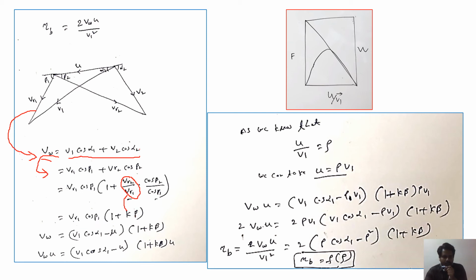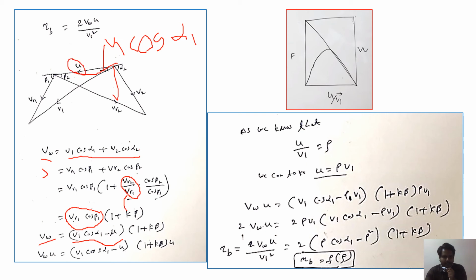Now, Vw equals V1 cos alpha 1 minus u cos alpha. The term VR1 cos beta 1 we can write as V1 cos alpha 1 minus u. Here we can see in the velocity diagram, if you divide this line, this is V1 cos alpha 1 and also here u is there, so minus u.